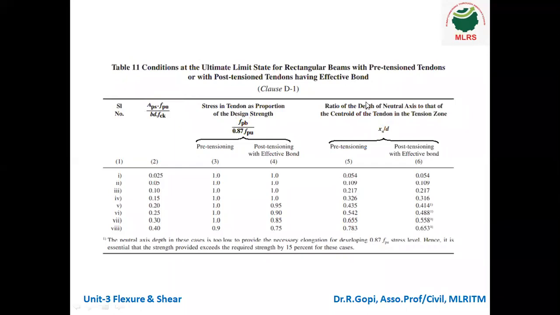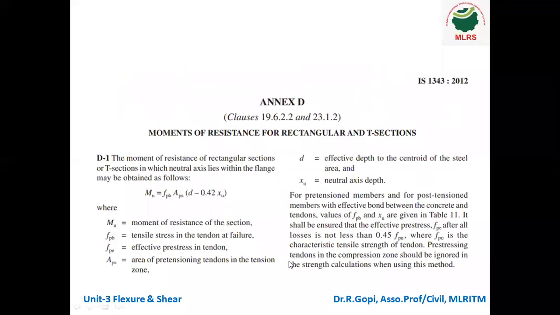So once you find these two parameters, FPB and the XU value, and APS, that means the area of prestressing steel, definitely it will be given in the question. You don't worry. Okay, only these two parameters. So once you find these two parameters, you can easily calculate the moment of resistance.